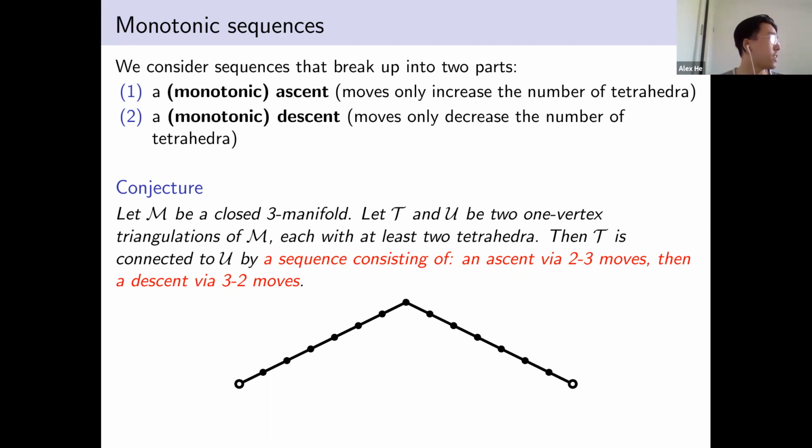One thing you can think about is, if I give you two triangulations, which are two vertices of the pachygraph, you can start constructing a tree that goes upwards, where you just keep performing all possible sequences of 2-3 moves. It's not a tree, but you can think of it as a subtree going up through the pachygraph, starting from one of your triangulations, and another subtree starting from the other triangulation, going up the pachygraph.